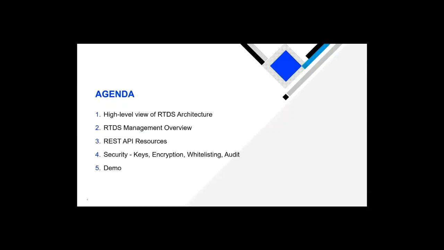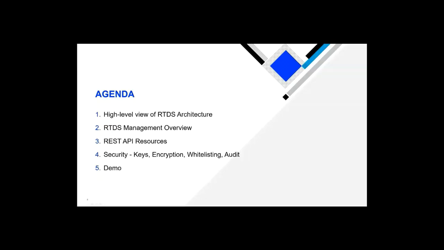And we come to our agenda. The subject of today's course will be the following. The first point, we will just shed light on the high-level view of RTDS infrastructure or architecture. In the second part, we will say a couple of words about an overview of nowadays used tools and RTDS management.